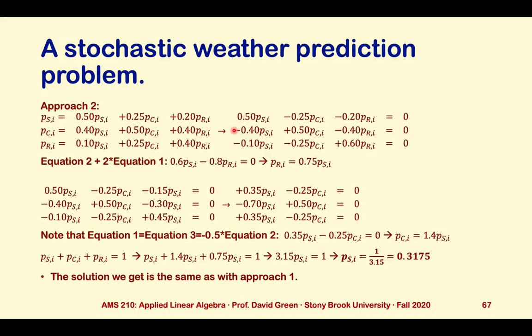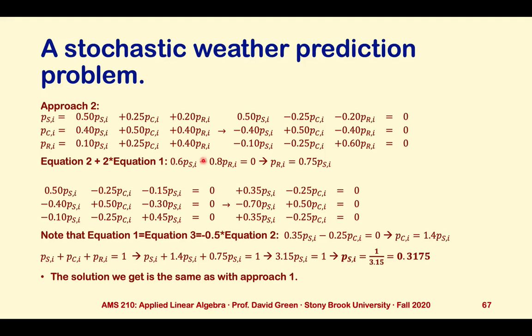So negative 0.4 plus 2 times 0.5 is 0.6 PS, plus 0.5 plus 2 times negative 0.25 is 0. That piece disappears. Negative 0.4 plus 2 times negative 0.2 is negative 0.8 PR. 0 plus 2 times 0 is still 0, so the right-hand side remains 0.